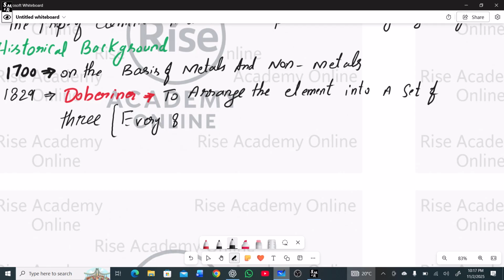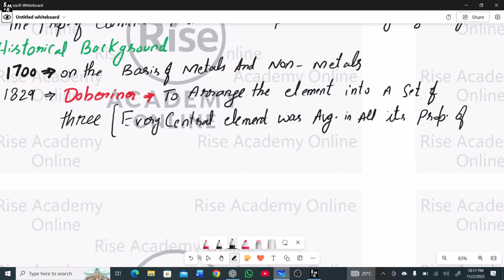every central element was average in all its properties of its two neighbors.